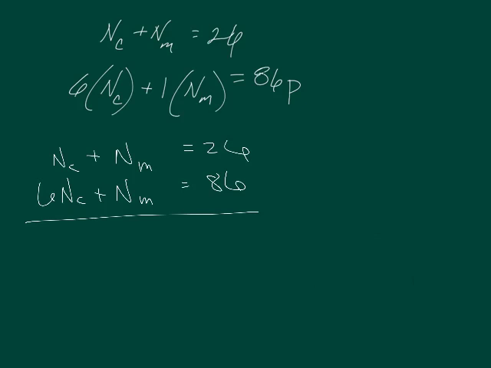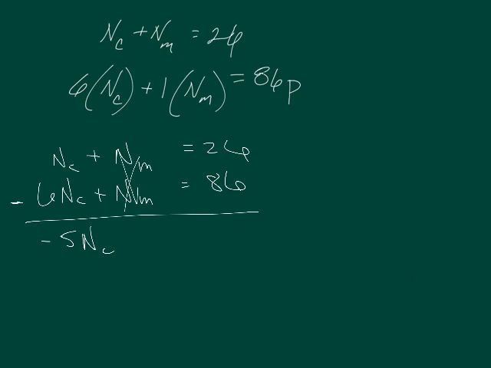Okay, and since these are the same, we can eliminate those. So I'm just going to subtract, because a positive NM minus NM is going to be 0. So I'm going to subtract. So that's going to be negative 5NC, number of codfish.